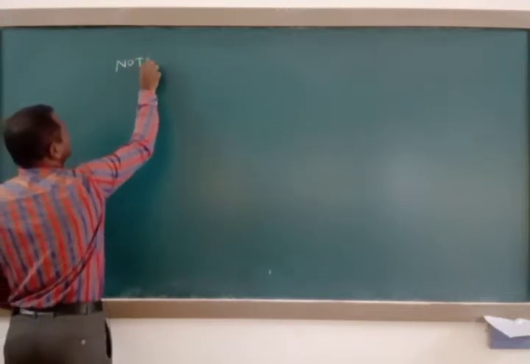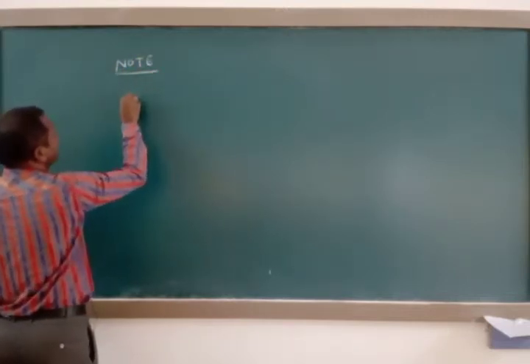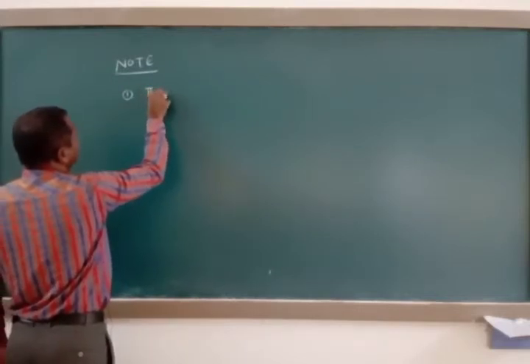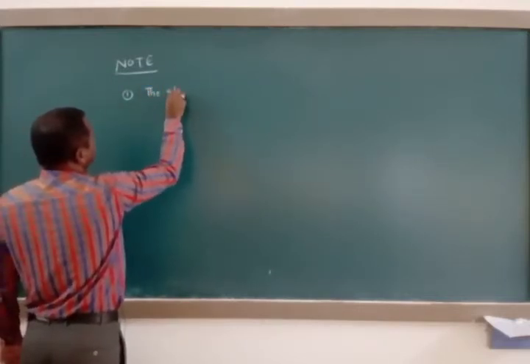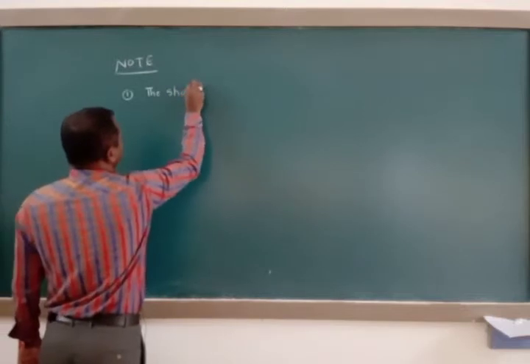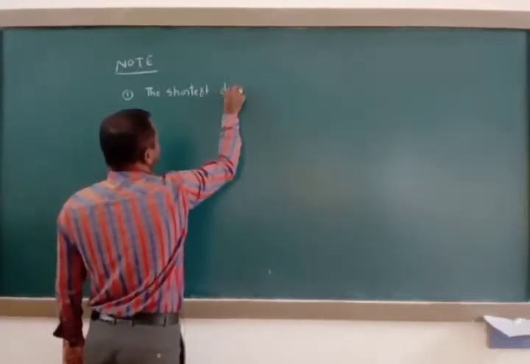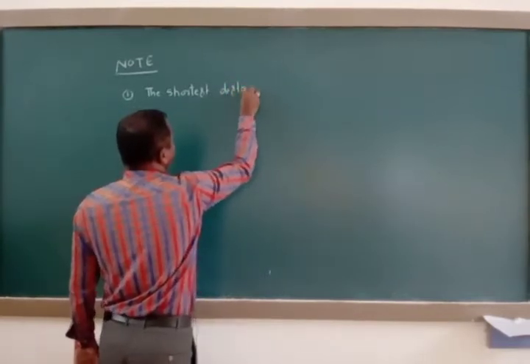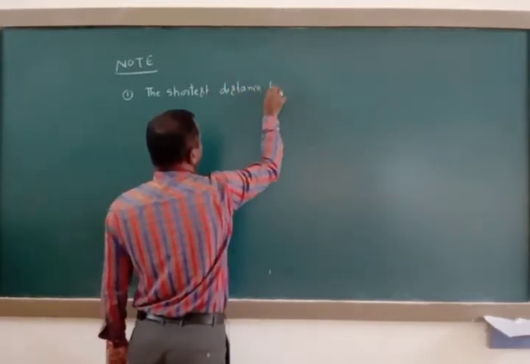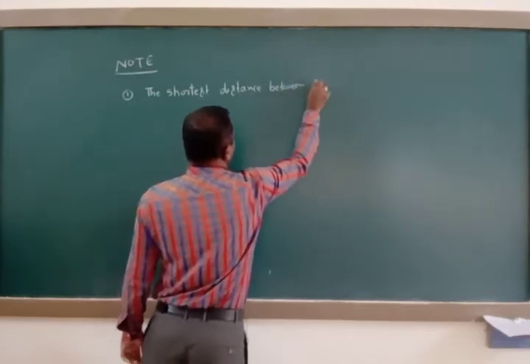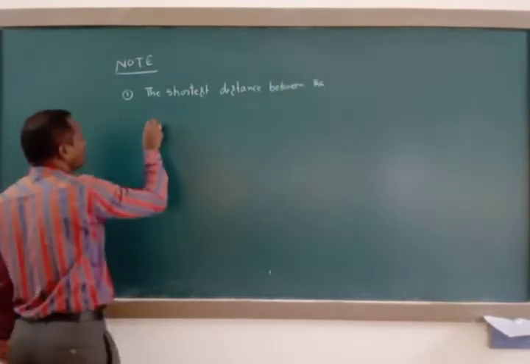Number 1, the shortest distance between the skew lines, or between the lines, you can write, no problem.